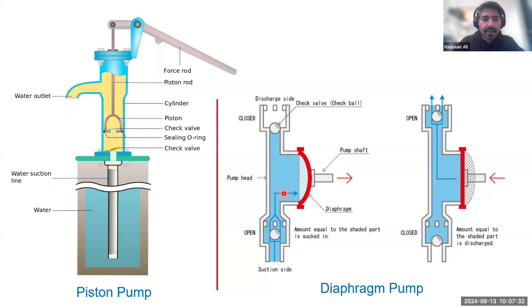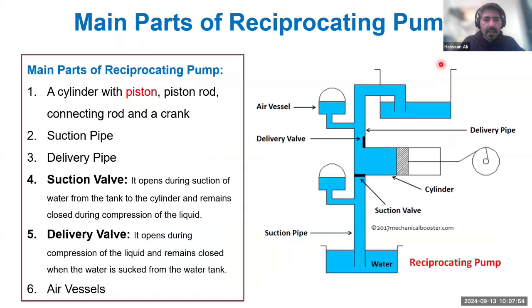The energy will be transferred, and in the discharge stroke, the discharge valve or the check valve over here will open, which you can see in the second schematic, and it will ensure that the water will discharge into the discharge line. These are very commonly used examples which you can see in your everyday life.